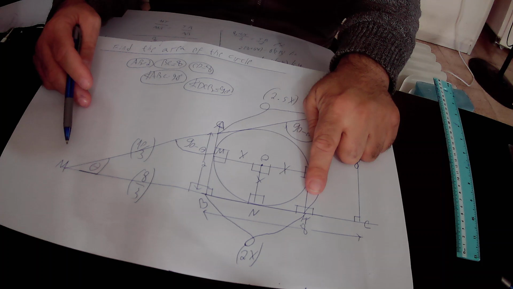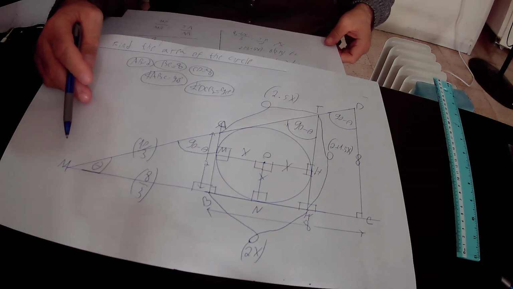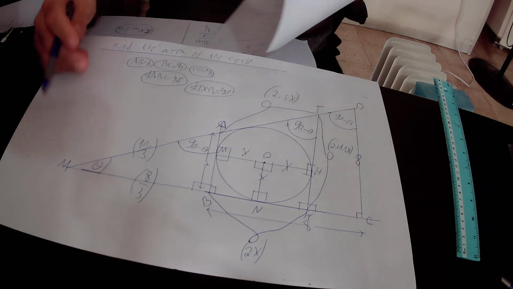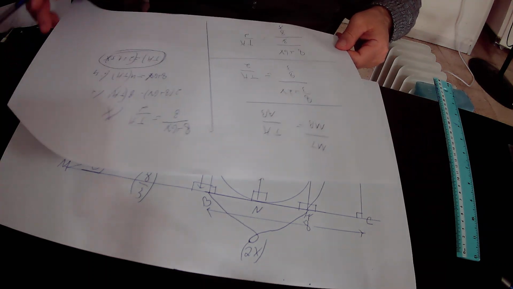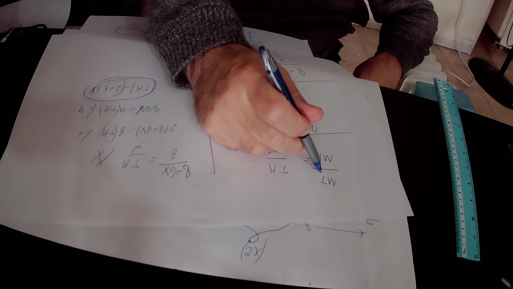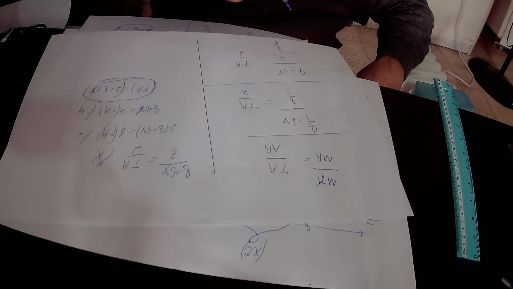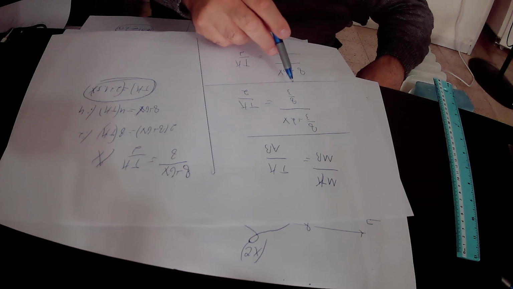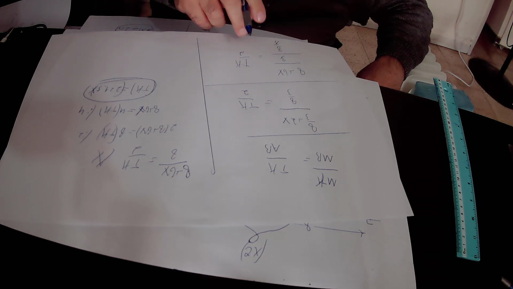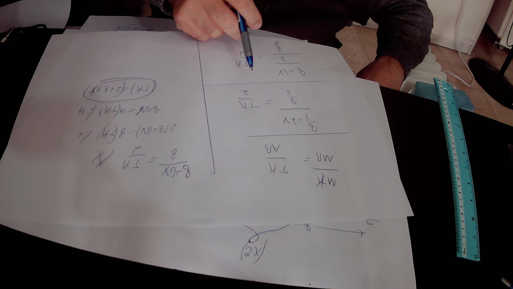So MK equals 8 over 3 plus 2x. MB equals 8 over 3. TK is the missing side, and AB is 2.